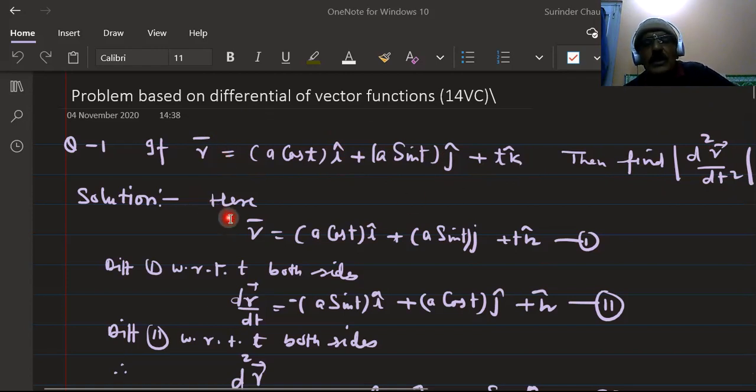If we differentiate r with respect to t, we get dr/dt is equal to a, which is a constant. This is a function of t only. It is cos t becomes minus sin t, i is constant, a constant, d/dt of sin t is cos t, j is constant, plus d/dt of t is equal to 1.